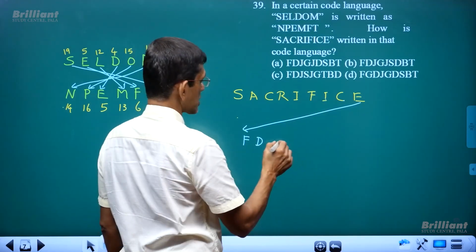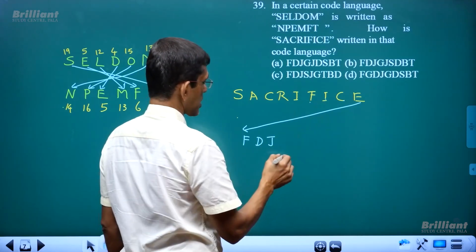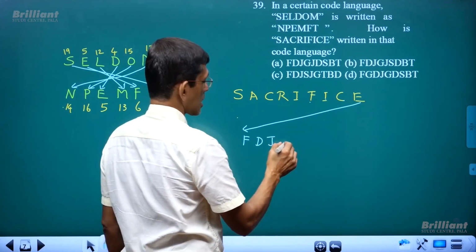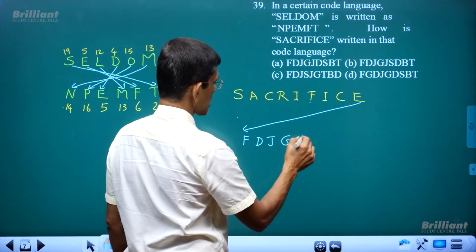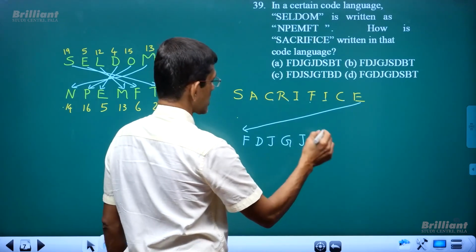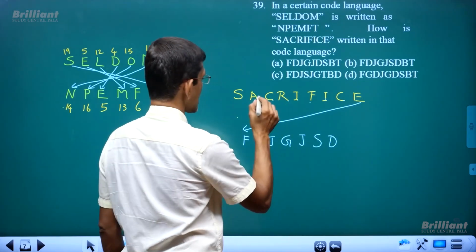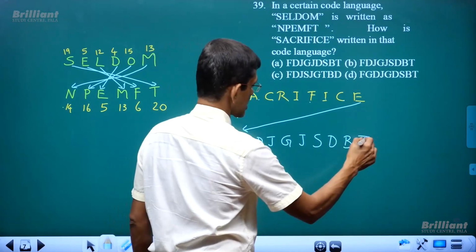Then I plus 1, that is J. Then F plus 1, that is G. And then I plus 1, that is J again. R plus 1, S. C plus 1, D. And A plus 1, B. And S plus 1, T.